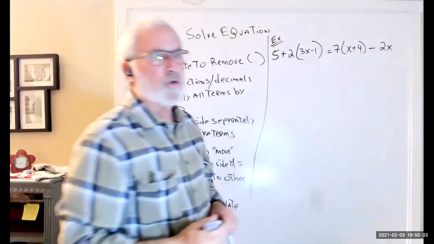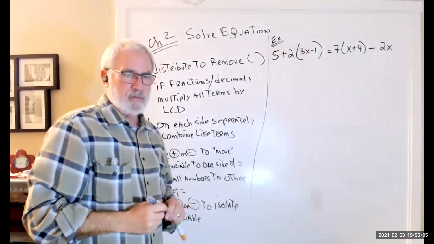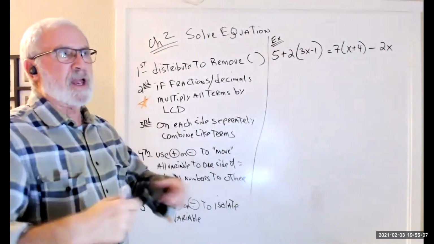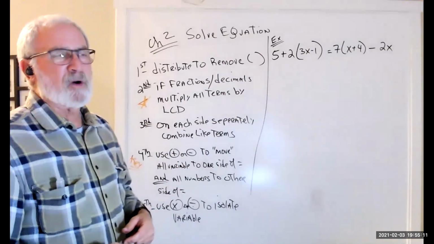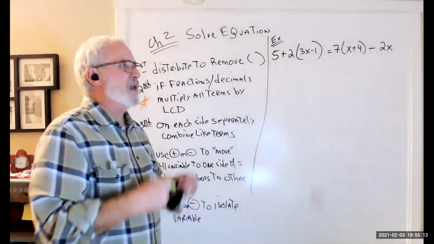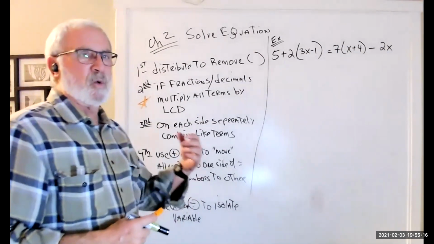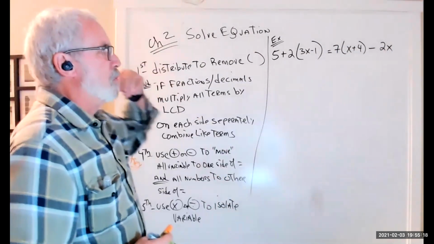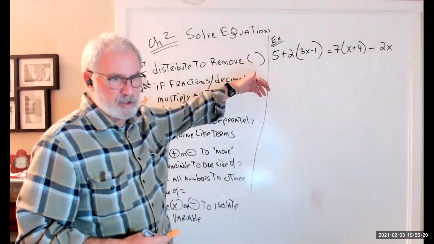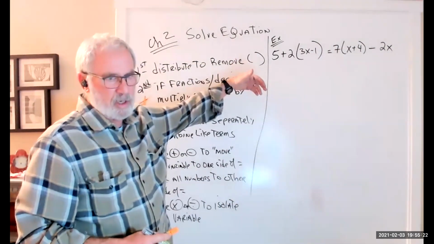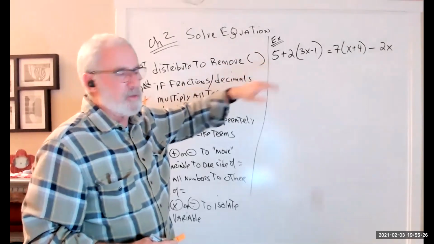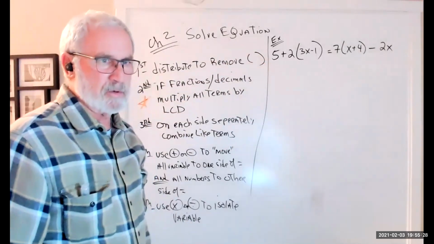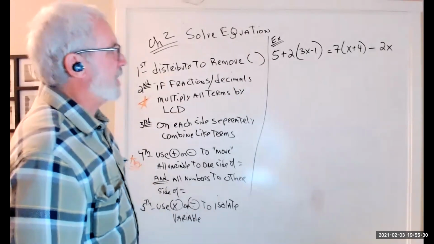Now this is worst case scenario. 90% of anything I'm going to give you on a quiz or a test will not be as ugly as this. Okay. But my feeling is if we can get through this, then we can get through all the easy stuff. All right, so here we go.